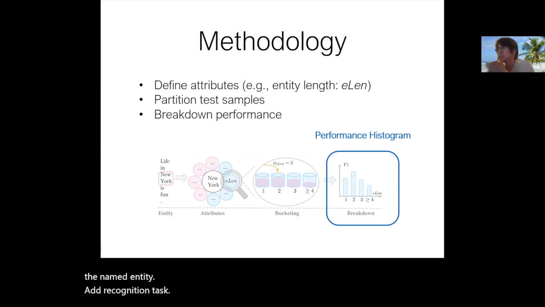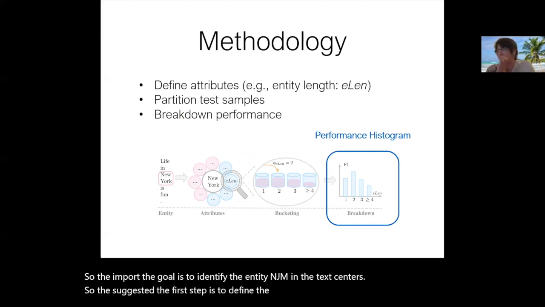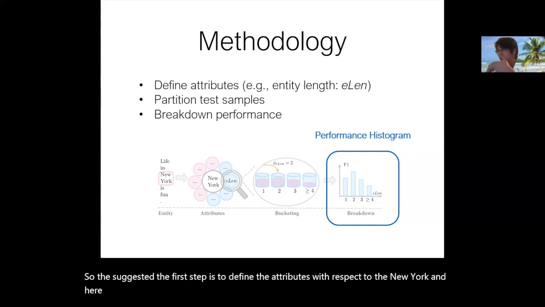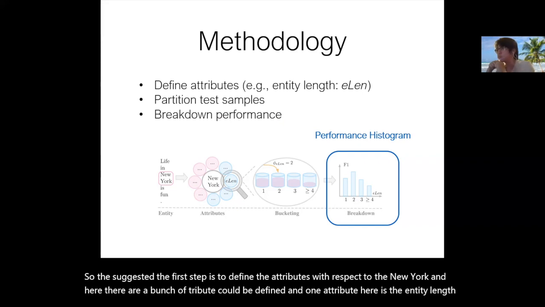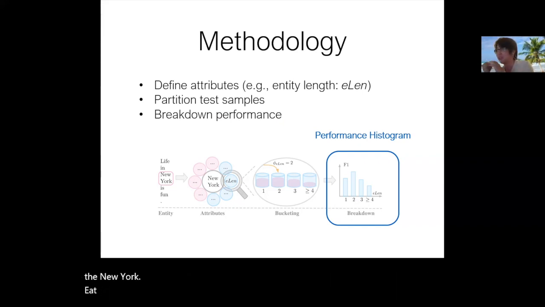Here is one example using the named entity recognition task. The goal is to identify the entity New York in the text sentence. As suggested, the first step is to define the attribute with respect to New York. A bunch of attributes could be defined here, and one attribute is the entity length of New York, where EN represents the entity length.